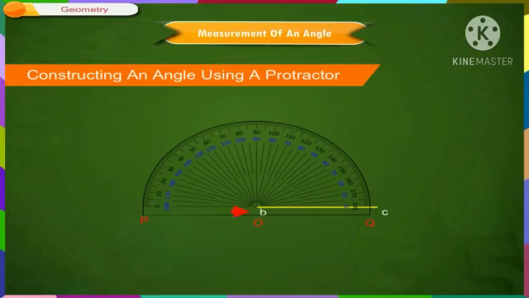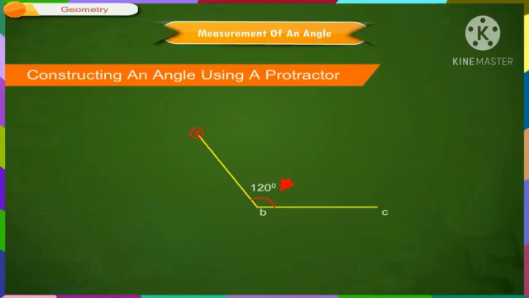We consider the scale which has 0 near the point C for construction. Mark point A next to 120 degrees, marked on the scale. Join points A and B. Angle ABC is equal to 120 degrees and is the required angle.